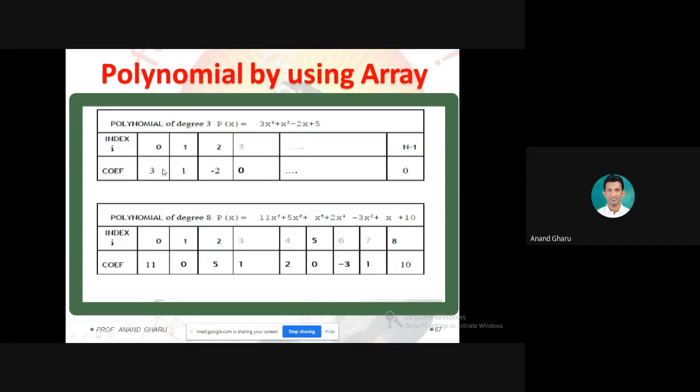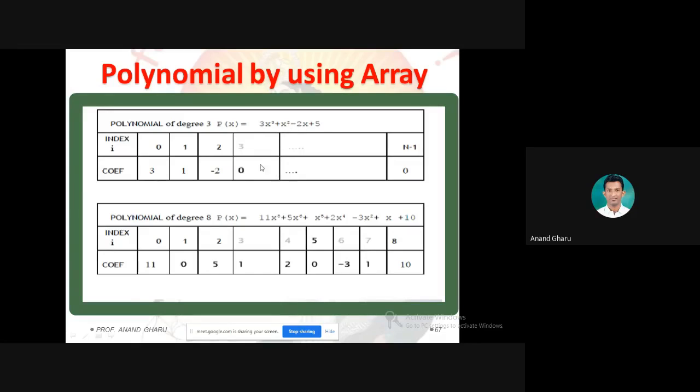Okay, coefficient value stored here is 3, then x has the value 1, and for the second index the value is -2. Simply assign the index, and as per traversing from left to right or right to left, just assign the coefficients: 3, 1, -2, 5.